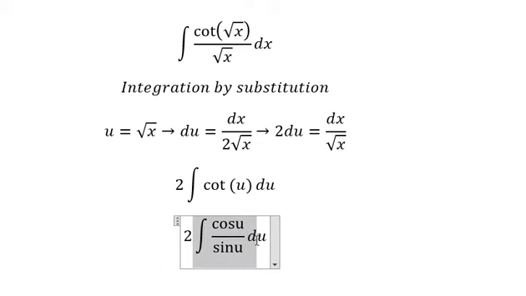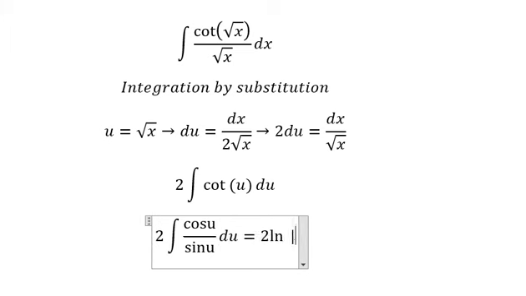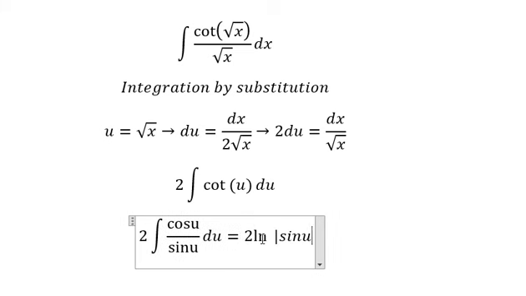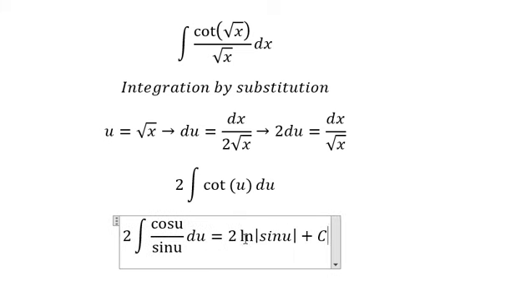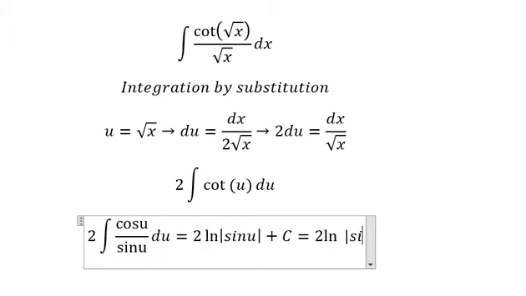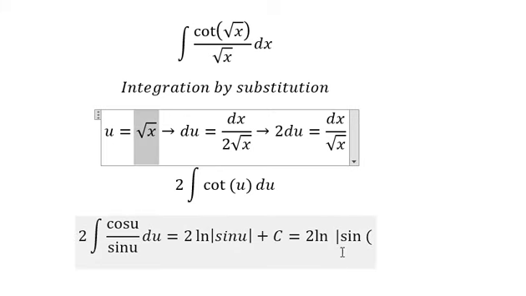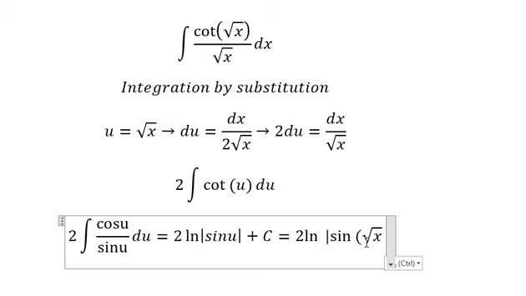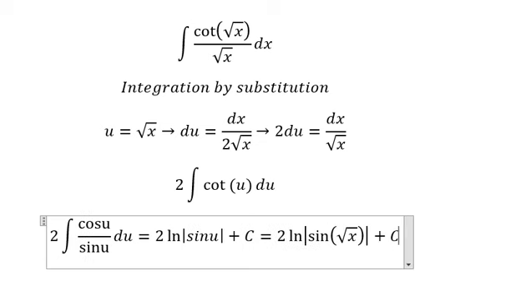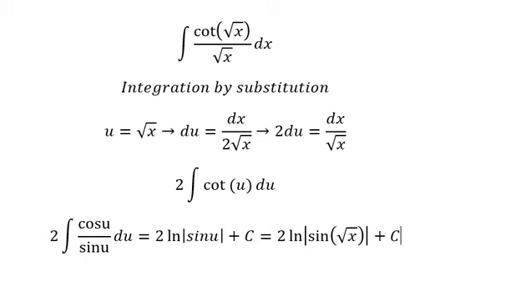The integration of this one gives ln of the absolute value of sine u, and we put c, because if we take the first derivative of this one, you get the original. For u, that is the square root of s. And here is the final answer.